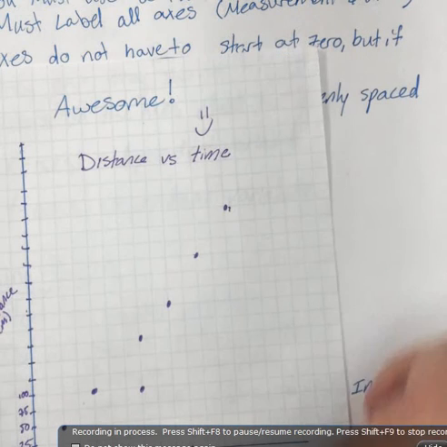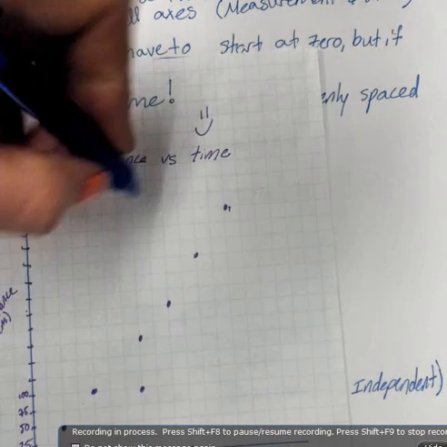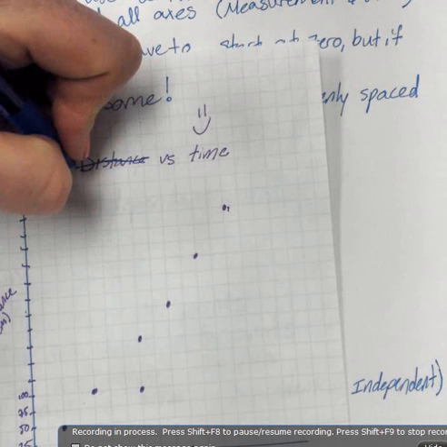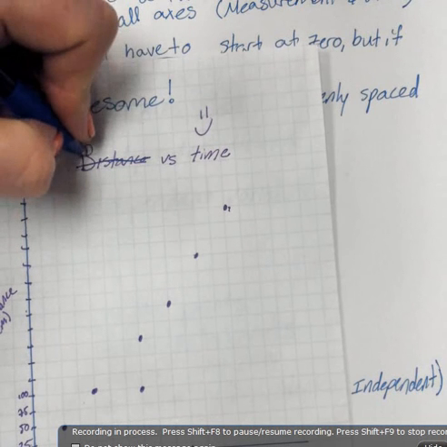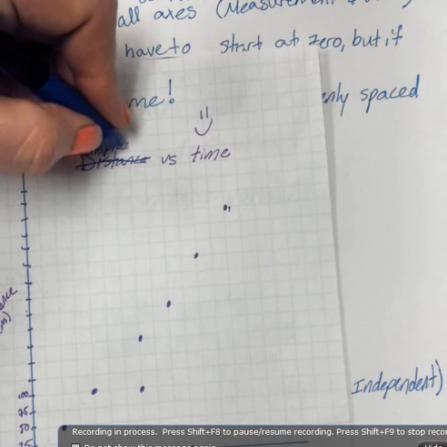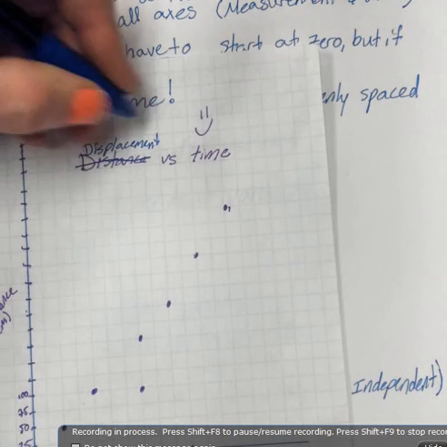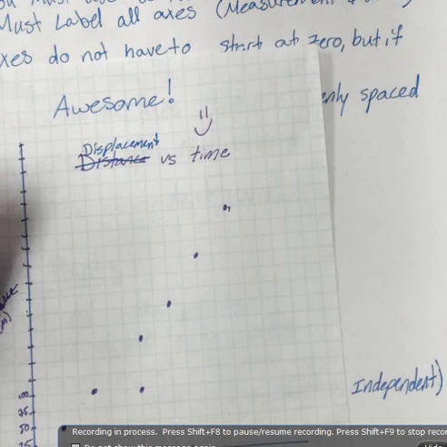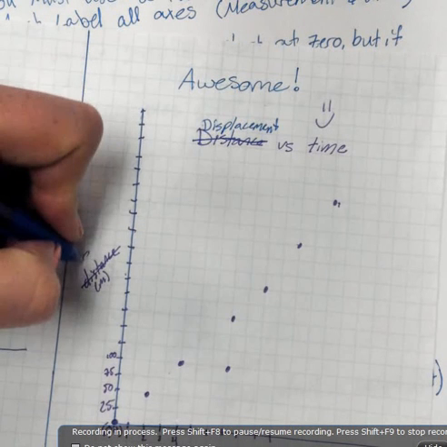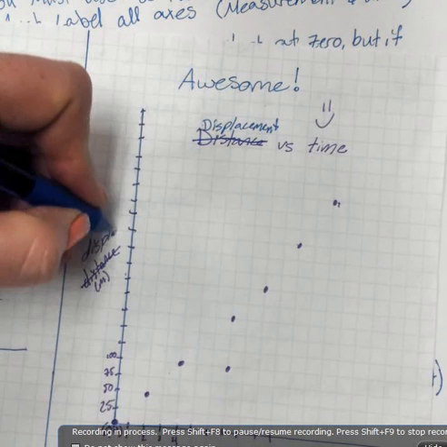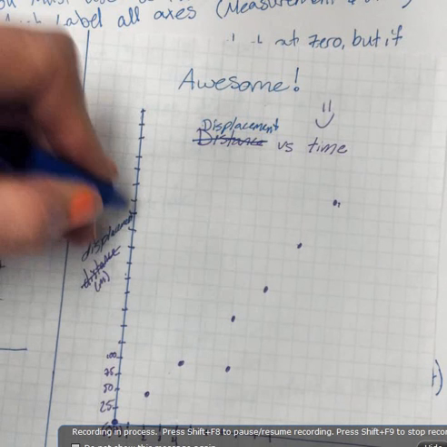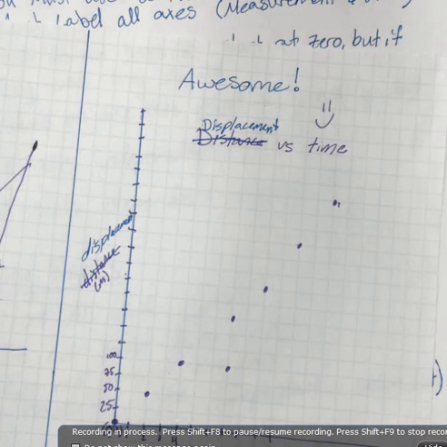And like I said, in making this even more correct, especially if we're talking about vectors, we might want to call this displacement versus time, which means we'd want to rename our axis over here displacement. Now that's pretty good looking.